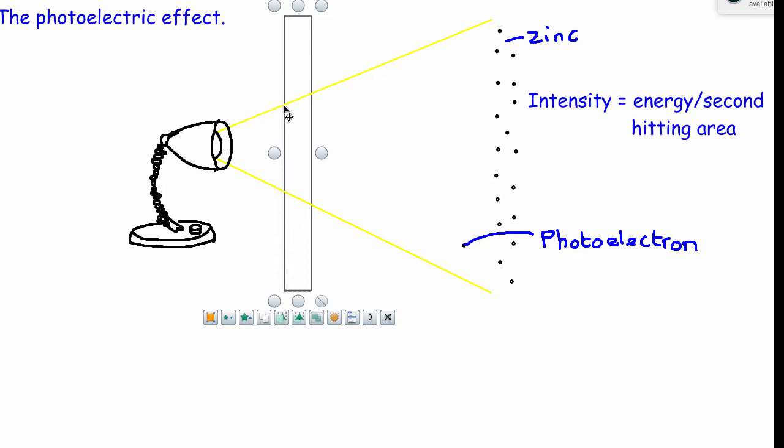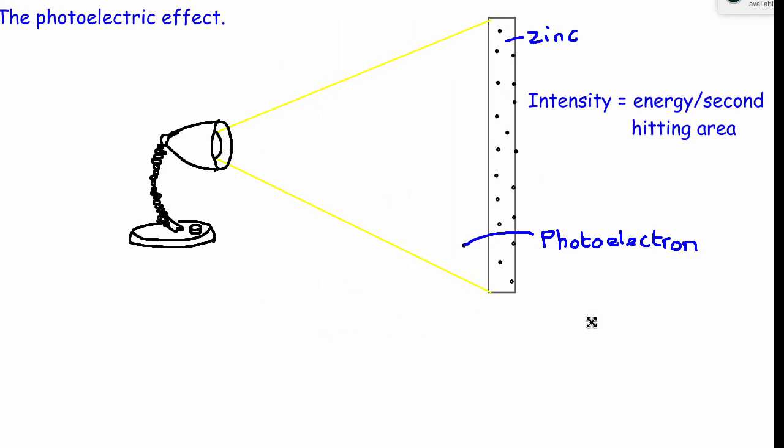And because it's been concentrated much more on this area rather than the whole area, now we would say that the intensity of light has increased because it's basically being concentrated on a smaller area. So if we just put this back for a second, that's basically what intensity is. It depends upon the amount of energy that's being absorbed, but also the area.